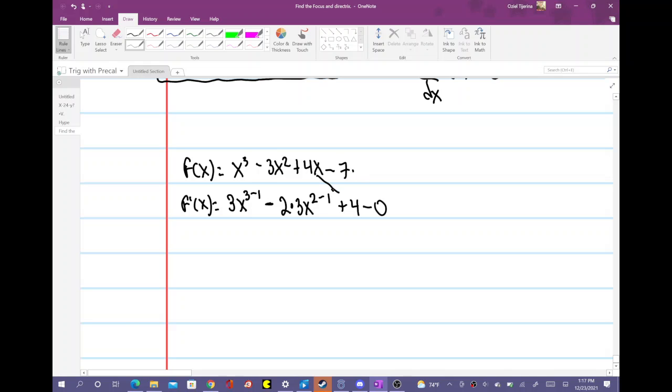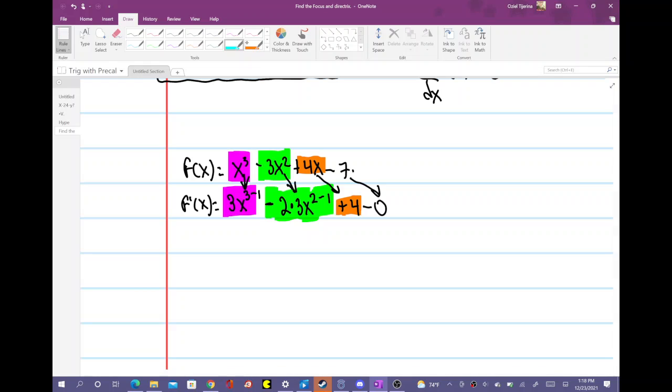Notice how every part matches up with every other part, just so you guys understand, like this, like this, like this.